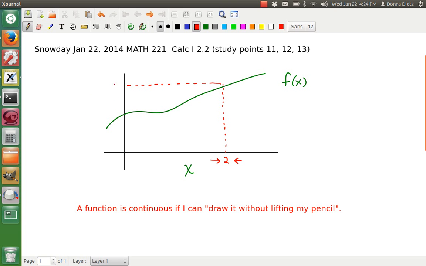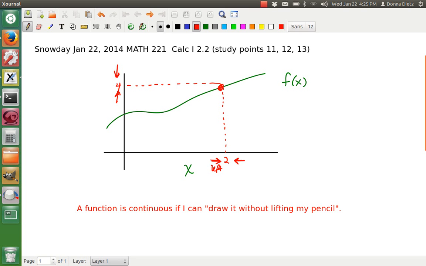So, for example, maybe this is 4, and as I approach 2 from the left, I'm going up, up, up, up, up. And as I approach 2 from the right, I'm going down, down, down, down, down. And I'm approaching this point on the curve. The curve is just a way of showing you which x's map to which y's.